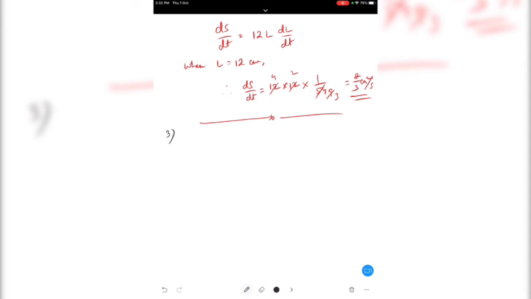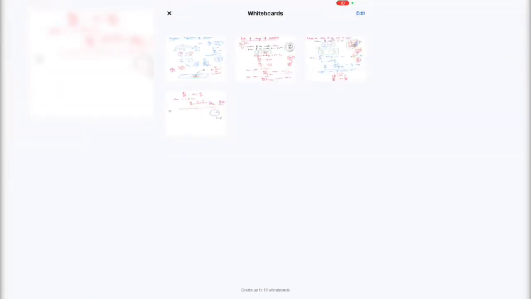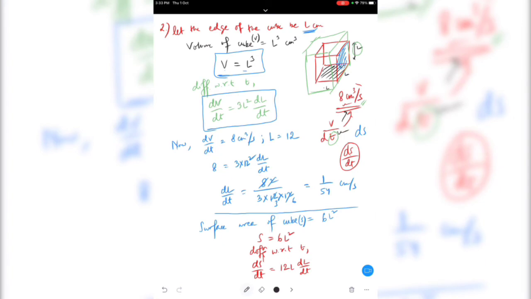The radius of a circle is increasing uniformly at a rate of 3 centimeter per second. Can anybody tell me what they have given? Whose value is it? In the previous question, I told you that 8 centimeter cube per second is the value of dV/dt.